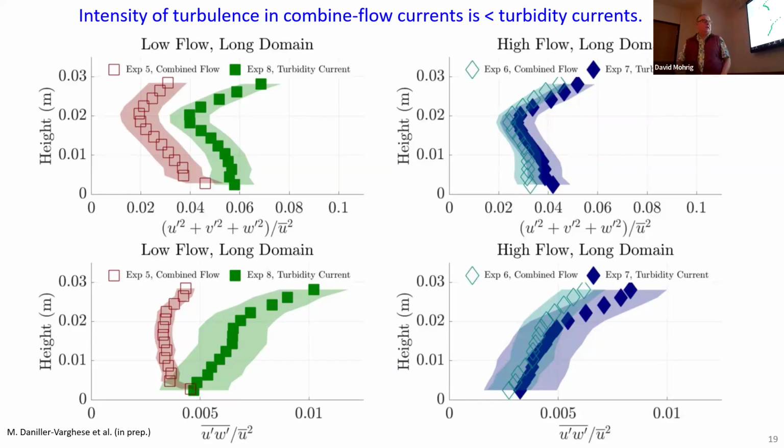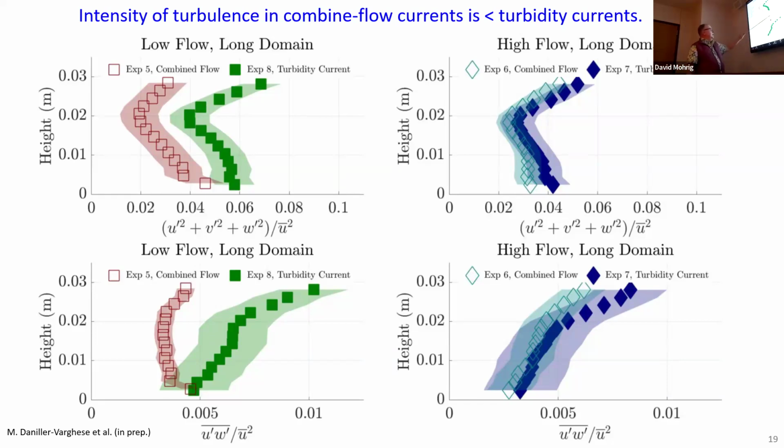And we're comparing a couple of the standard metrics that we use when we're looking at turbulent flows. And we're doing that for a low discharge case and a high discharge case in the same domain.